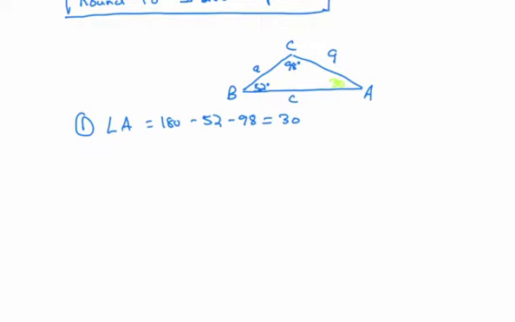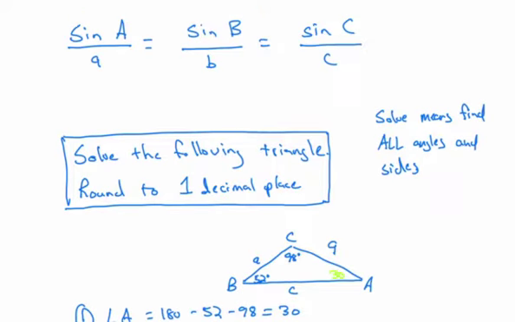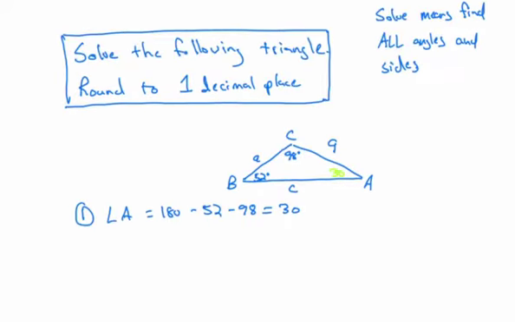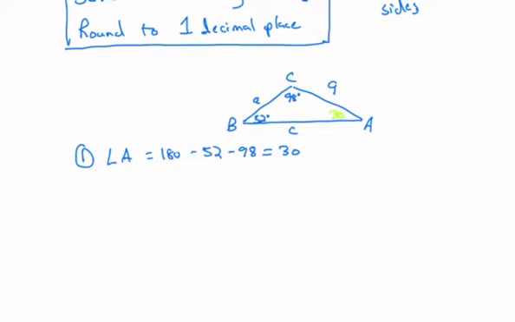That is solved. Now we need to start looking to solve for one of the sides, and to use law of sines, I'm going to keep referring to this idea of angle pair relationships. We need angle pair relationships, and at the moment the only one I have is angle B and side B. So I'm going to use that. And we can choose to either go for side A or side C. It doesn't really matter.